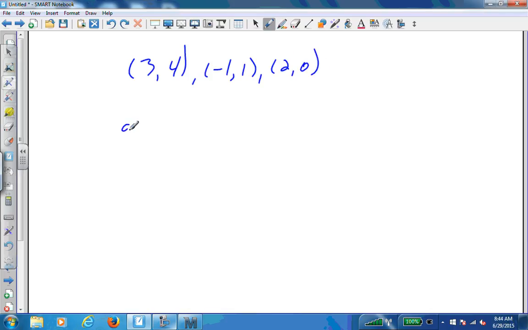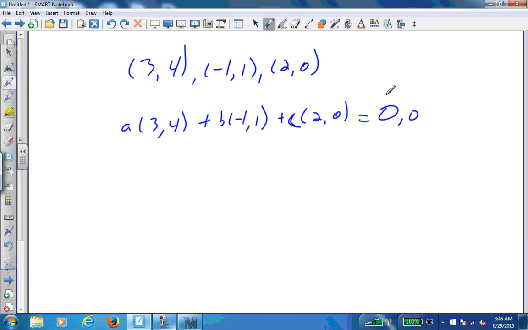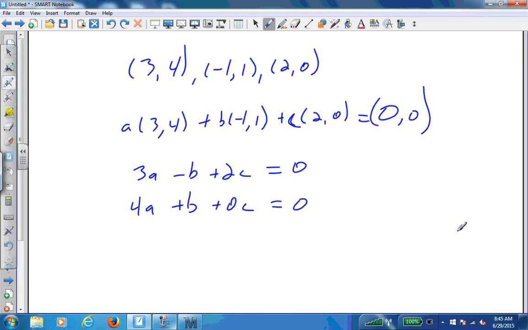So let's see if we do A times the first one, B times the second one, C times the third one. Let's see if the only solution to that is the trivial solution. So that means that 3A minus B plus 2C equals 0, 4A plus B, no C's, equals 0.